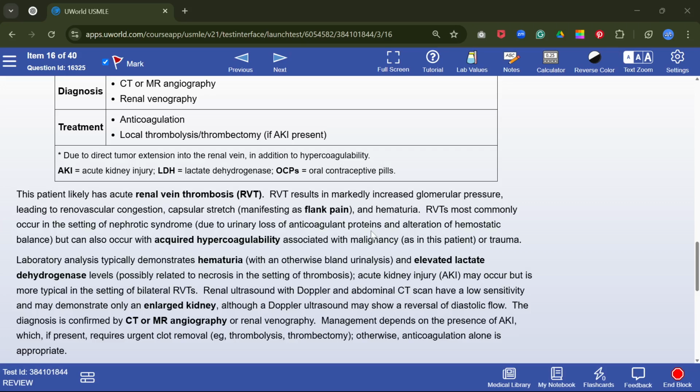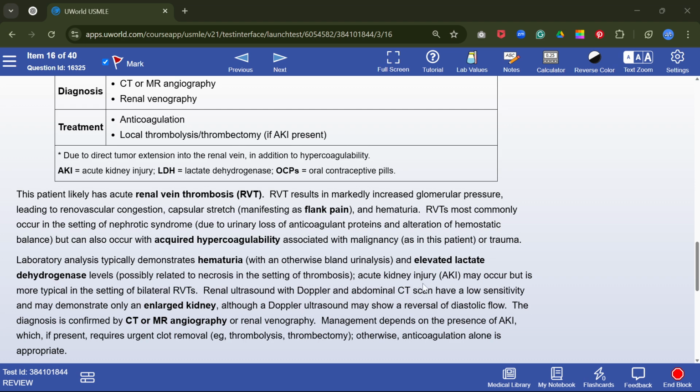Lab analysis typically demonstrates hematuria and an elevated LDH level, possibly related to necrosis in the setting of thrombosis. AKI may occur, but it is more typical in the setting of bilateral RVT.